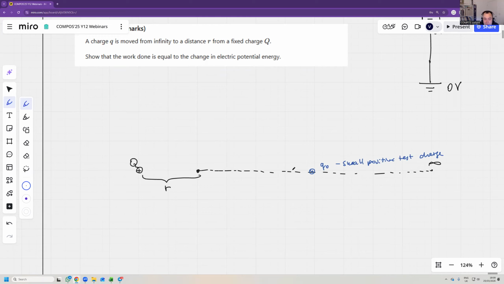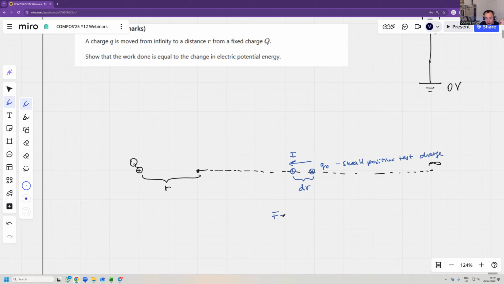Now, if it moves a small distance, so this distance is dr, then the force that you apply, because Q is a positive charge and this is a positive charge, you need to push it towards that charge.